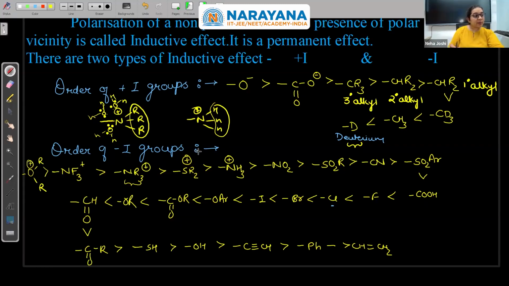Thereby its plus polarity is decreased. If it is decreased, it will be less minus I. Therefore, NH3 plus is a less minus I group than NR3 plus.